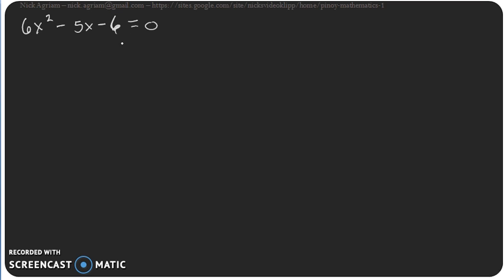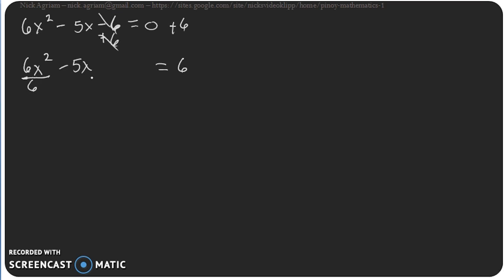Okay, so the first thing that you need to do is make the constant 0. So we add 6 to both sides of the equation, and we have 6 here now. But to perform completing the squares, this 6 needs to be 1.